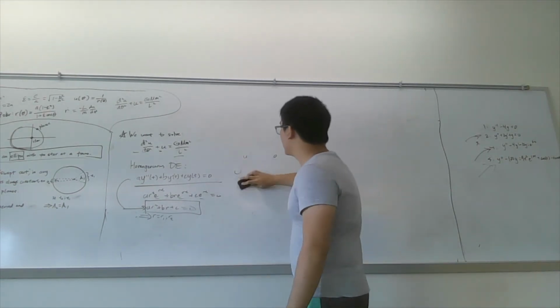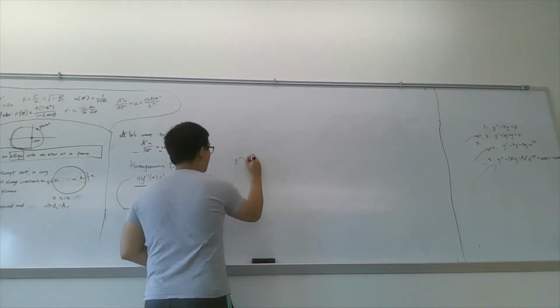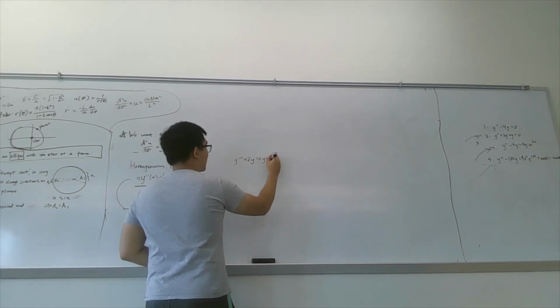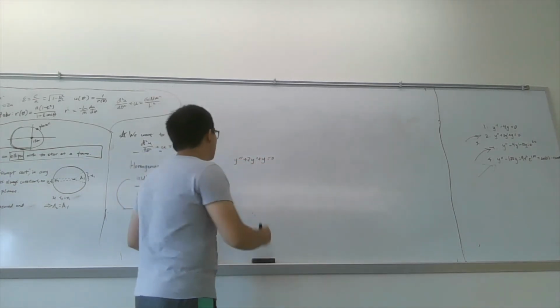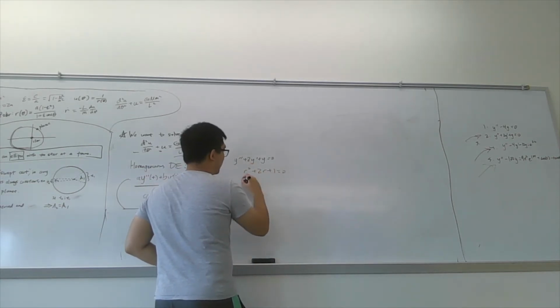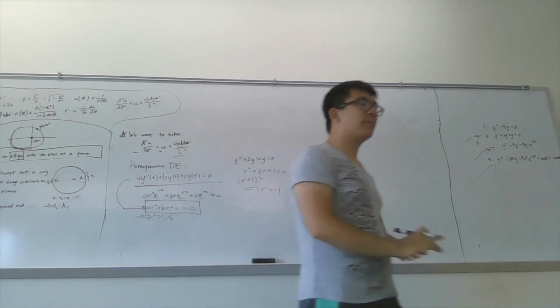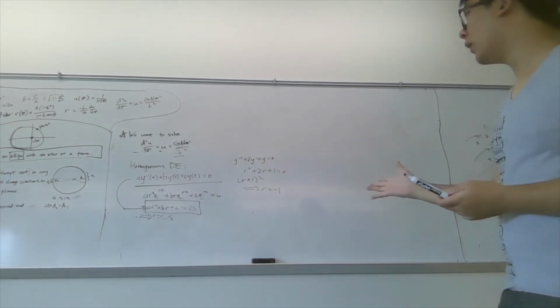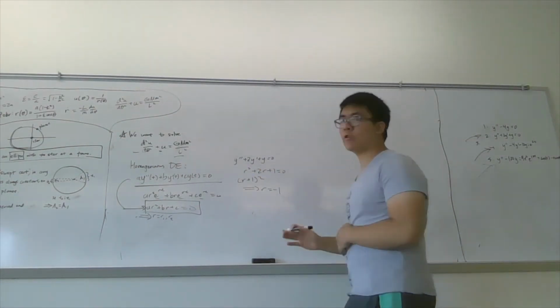Let's consider the next example, which is, as I said previously, just this. So this differential equation's characteristic polynomial will be r squared plus 2r plus 1 equals 0. It's just (r plus 1) squared. So this gives us only one root, -1. So you might think this shouldn't be a problem.